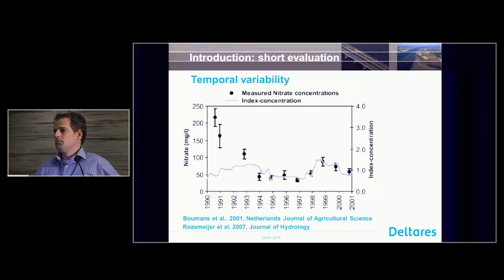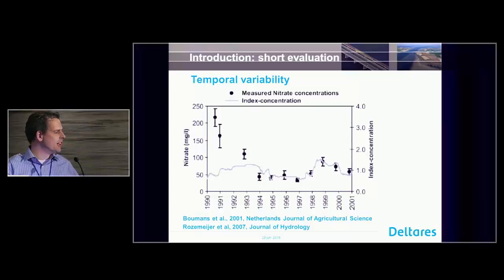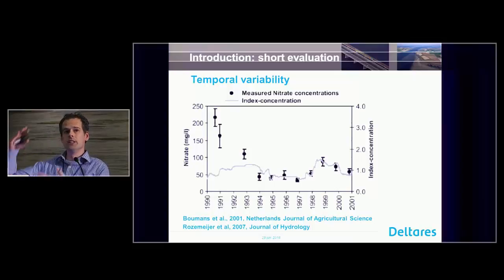And you can perfectly model that. Actually with this I copied Leo Bouwman a little bit. We just put a conservative tracer with a constant concentration at the upper boundary of the model, and as a result, because of the weather variability, you see this kind of variation. So here, this is the trend that was caused by the change in land management, but these variations are caused by weather variability. We have to take that in mind.